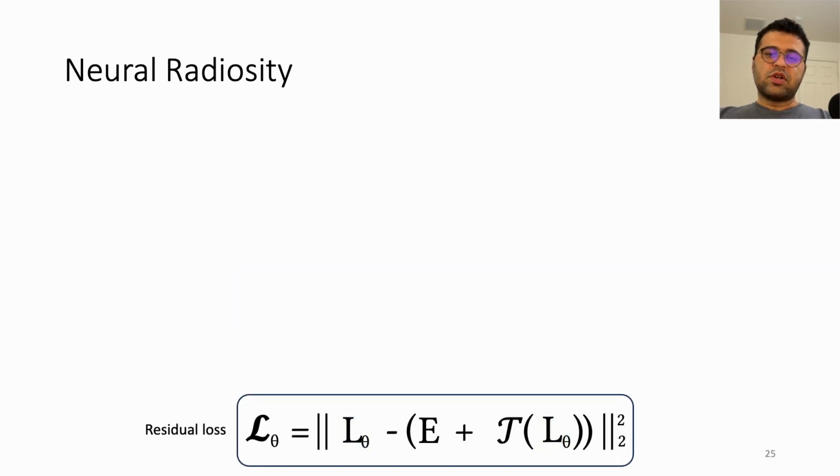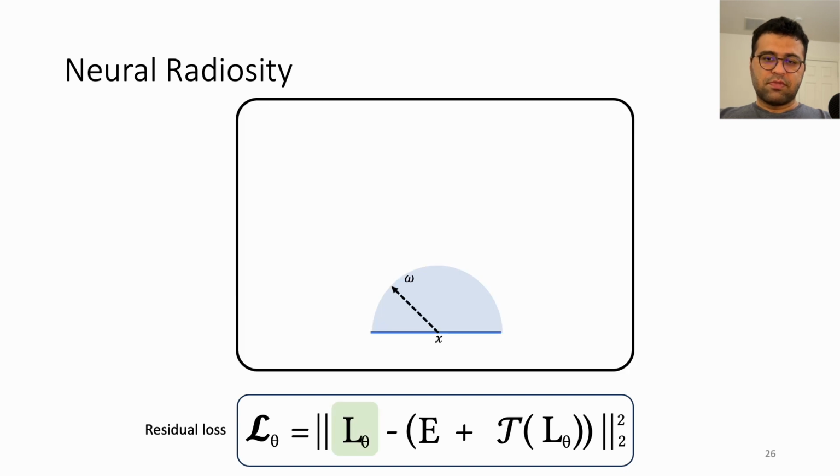Let's see what each term means in the residual loss. In order to evaluate the first term, L theta at an arbitrary location x and direction omega, we just need to query the radiance cache directly at that location and towards that direction.